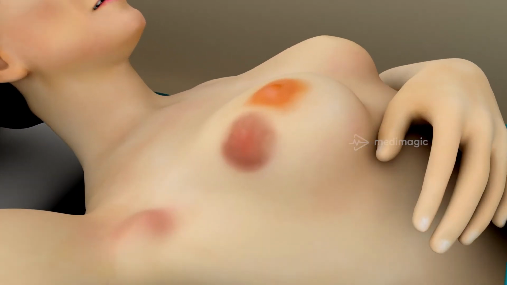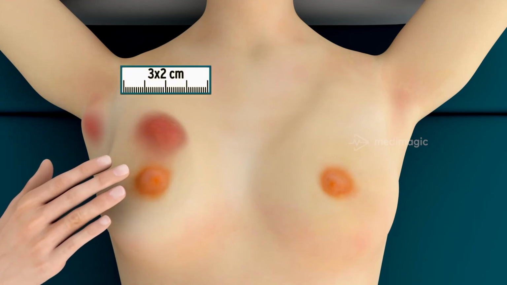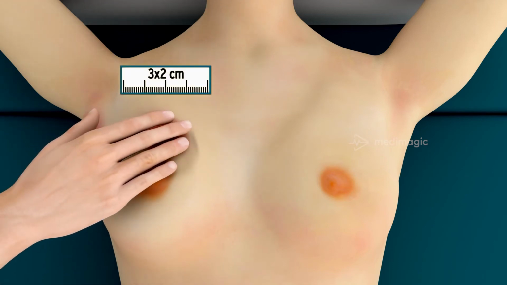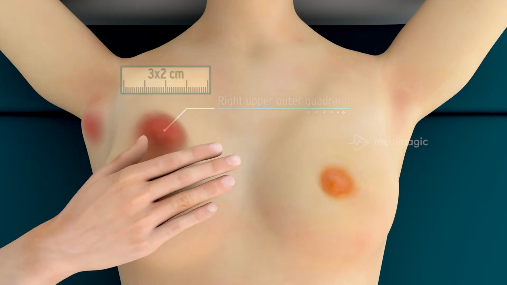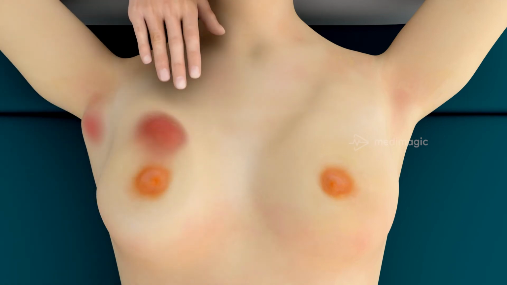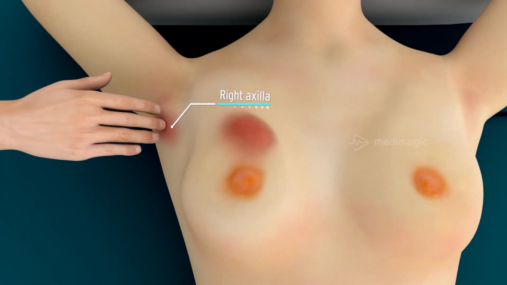Now that we have spoken about the risk, let's talk about how you can diagnose breast cancer. Breast self-exam, or regularly examining your breasts on your own, can be an important way to find breast cancer at an early stage when it's more likely to be treated successfully.